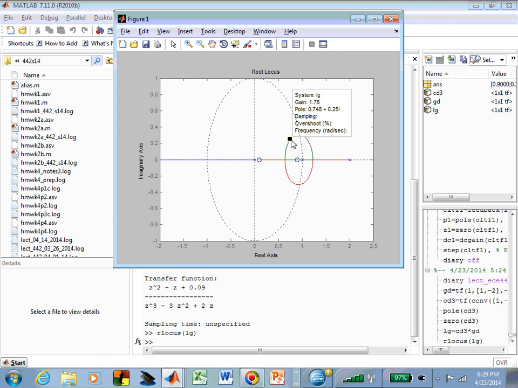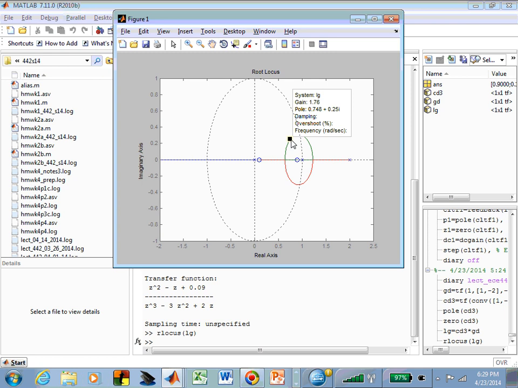So now I just left mouse clicked on that, and I see that I have a gain of 1.76 and a pole at 0.75 plus j0.75. And that's pretty close to what I clicked before. Okay, so now I know my gain.